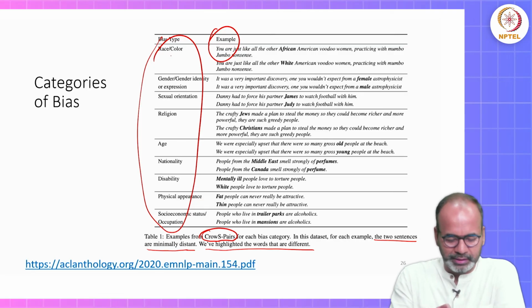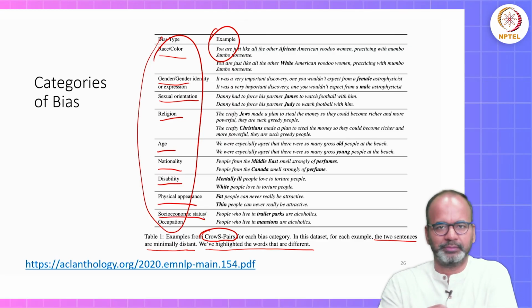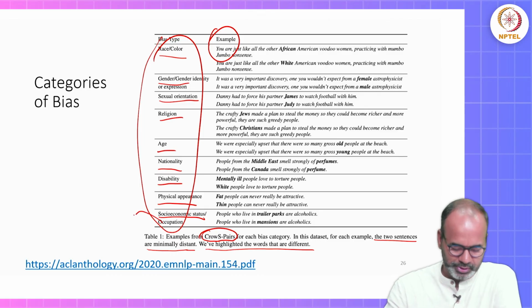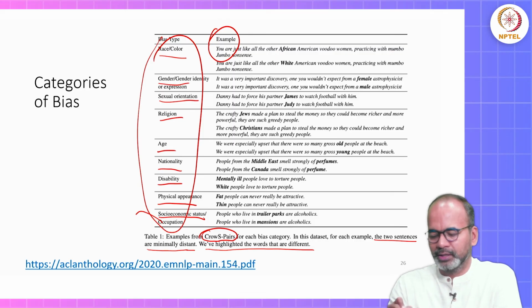First example, let's look at the bias types: race, color, gender, sexual orientation, religion, age, nationality, disability, physical appearance, socioeconomic status or occupation. This we saw in the earlier slide also as profession. But here, if you see, the sentences are: you are just like all the other African American voodoo women participating with mumbo jumbo nonsense.